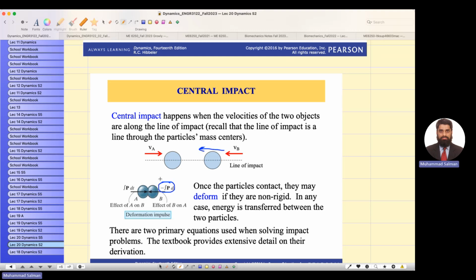Therefore, for this particle A, the force is to the left. When the other particle collides with particle A, the force direction is towards particle A. You see my point? And since this is moving to the right, the impulsive force P is negative P dt. You see my point?